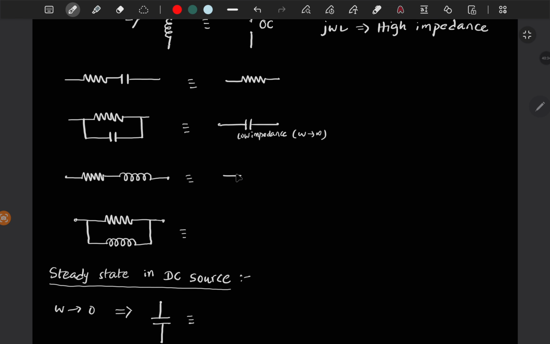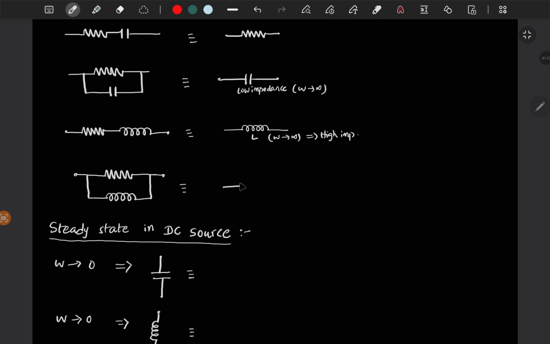Like if there are two impedances, Z1 and Z2, and Z2 is very high, then Z1 plus Z2 is approximated by Z2. So we approximate this with the inductor in series, whose impedance is very high because omega tends to infinity.